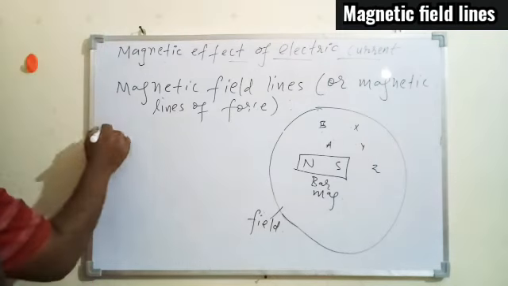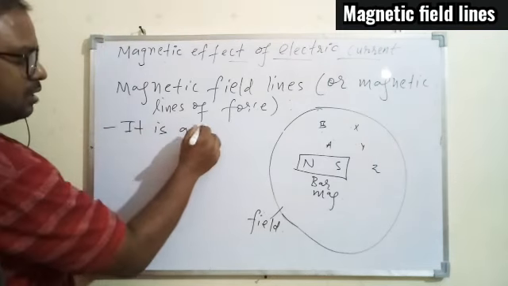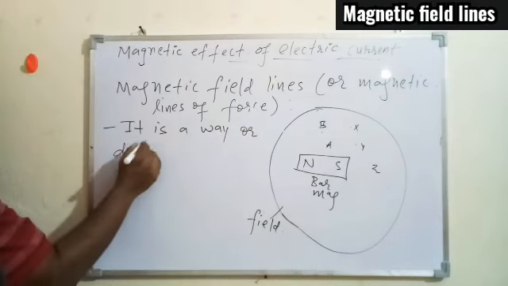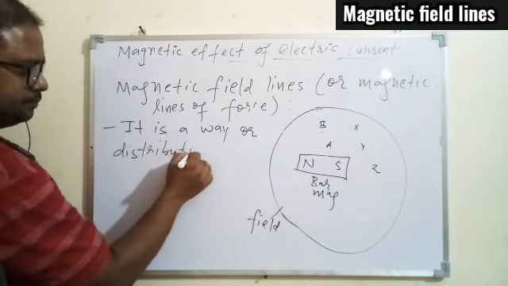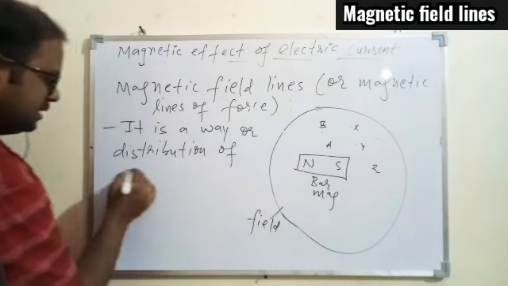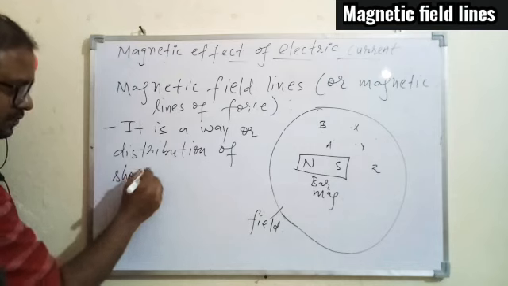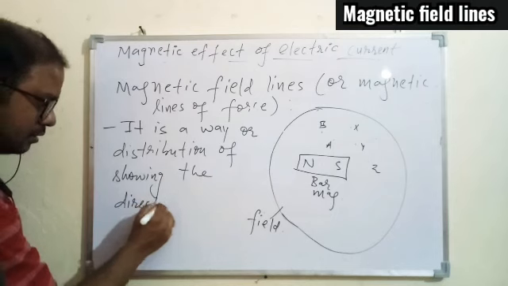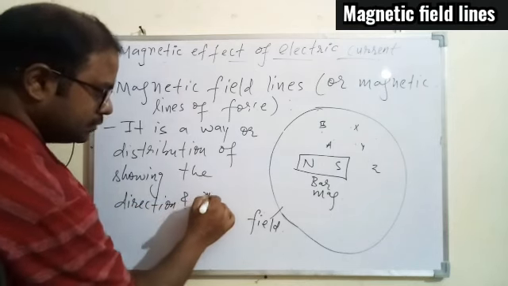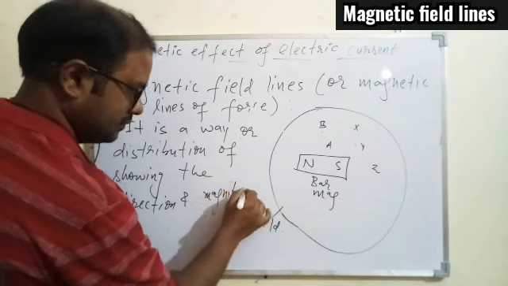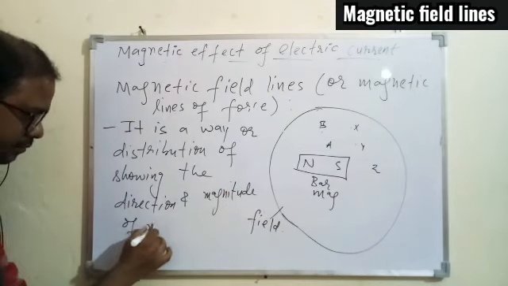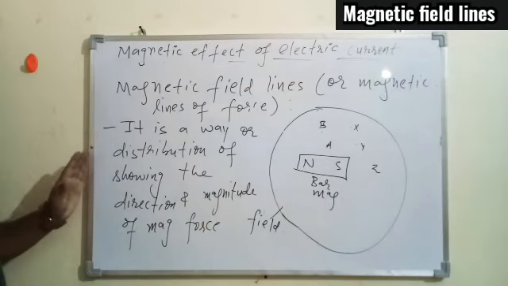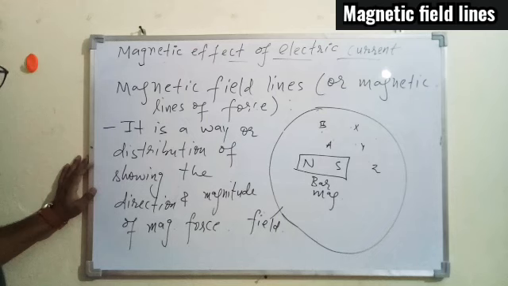So briefly we can say it is a way or distribution of showing the direction and magnitude of magnetic force. But this is not the definition, okay? This is just to understand the concept, okay?